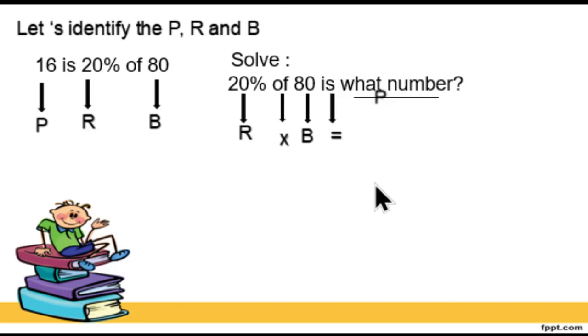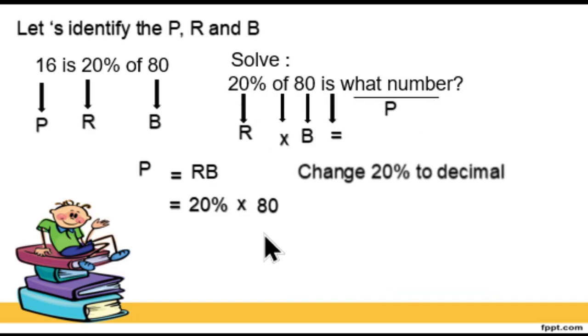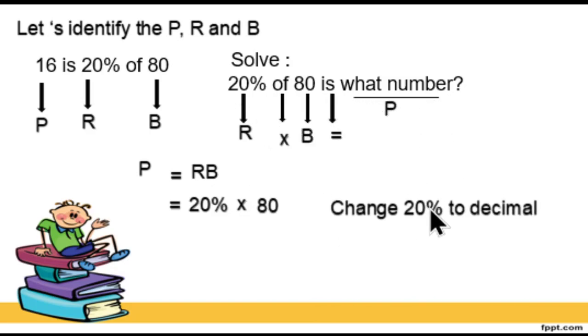To rewrite, P is equal to R times B, and R is equal to 20% times 80. Let's change 20% to a decimal. Just move the decimal point twice from right to left, since percent means per 100. So this will become 0.2.